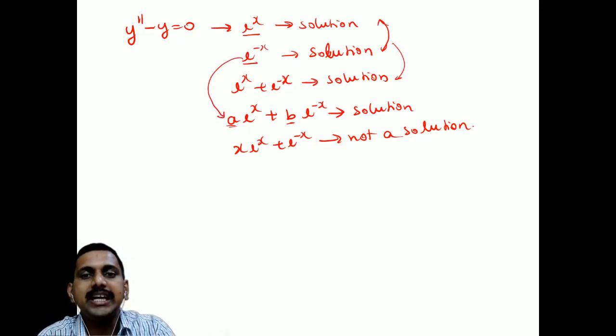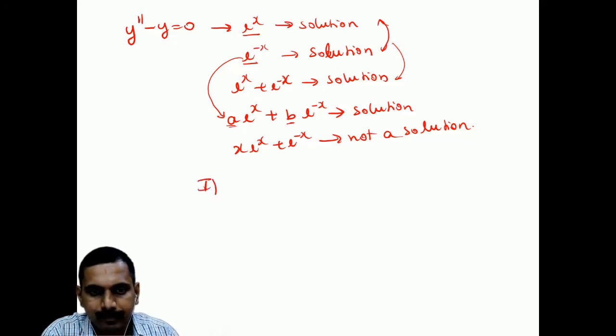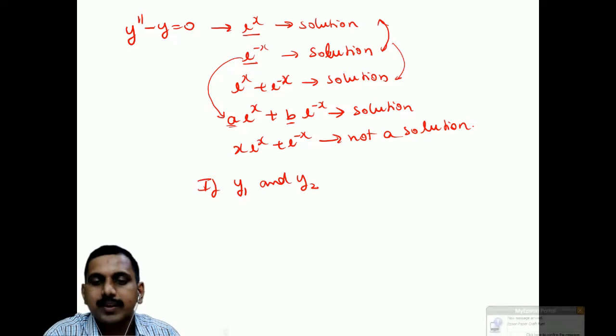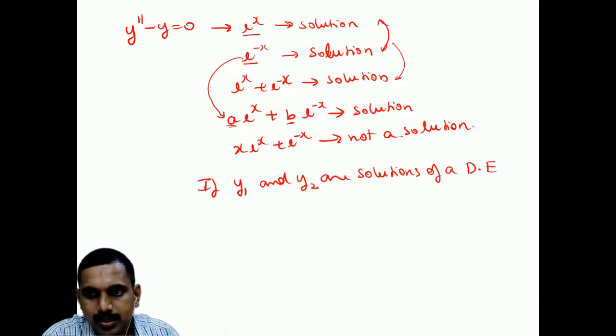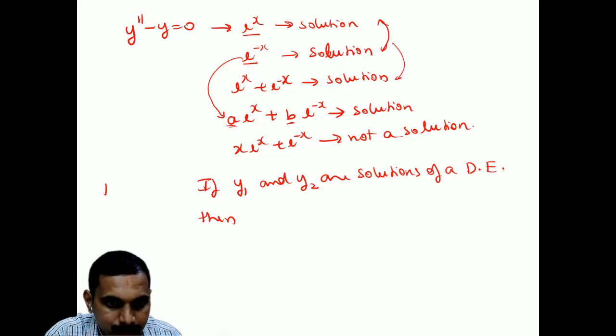This is called the linear combination of the solutions. For example, if y1 and y2 are solutions of a differential equation, then you can see this is a very important theorem. Some people call it a fundamental theorem.